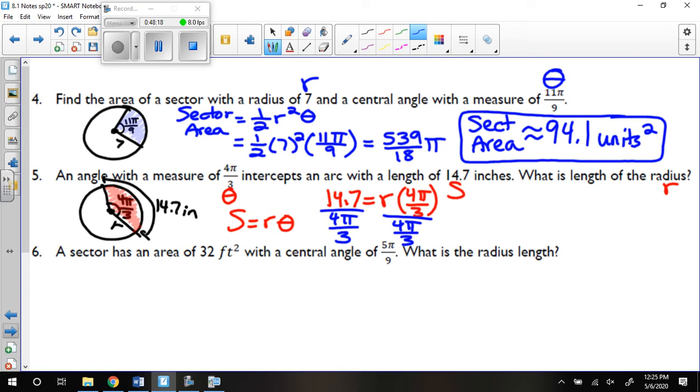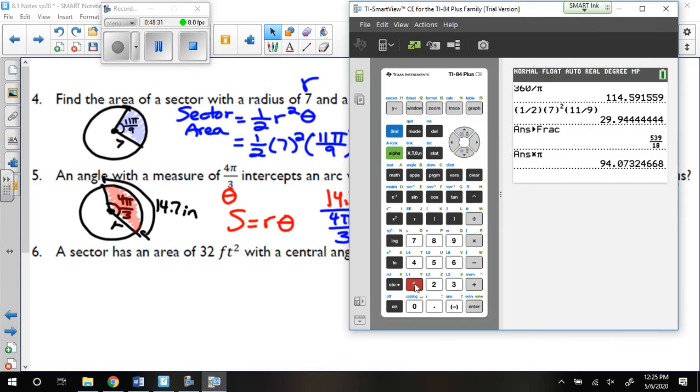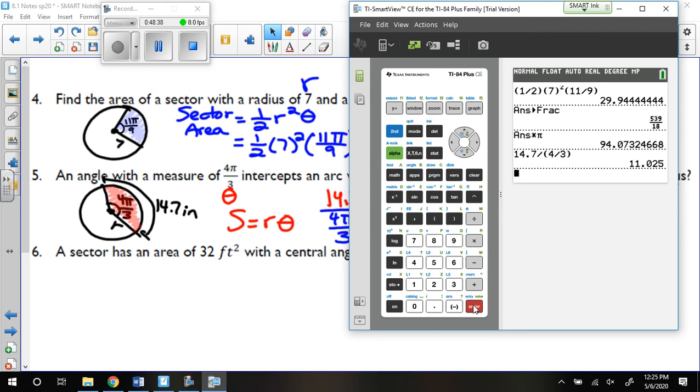Now I'm going to put my answer in terms of pi first, which means I'm just going to do the 14.7 divided by 4/3. Okay, and that's 11.025.